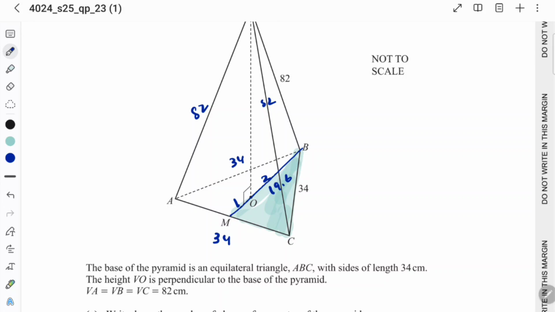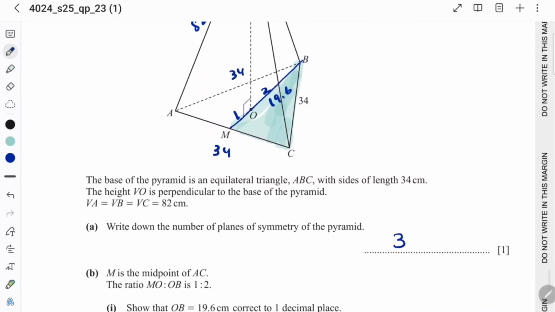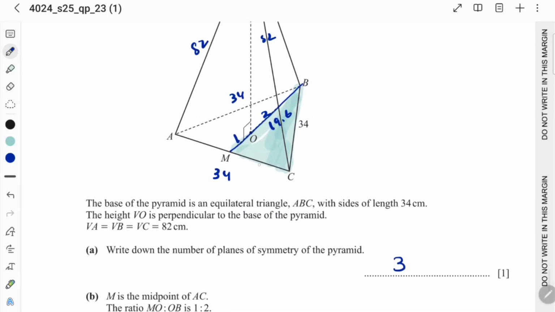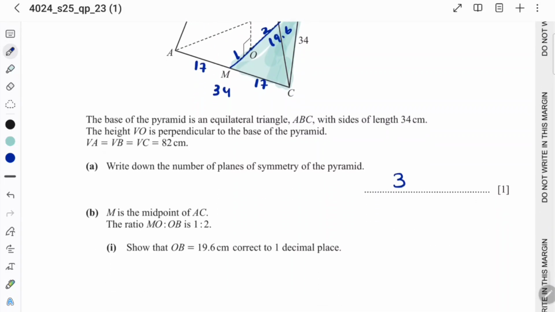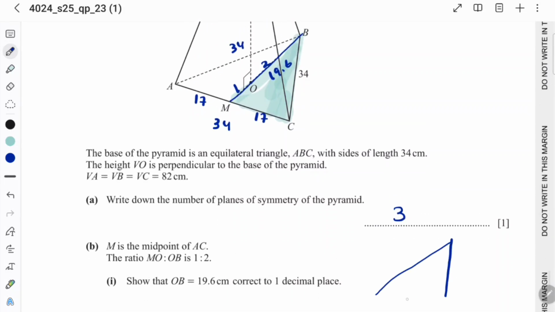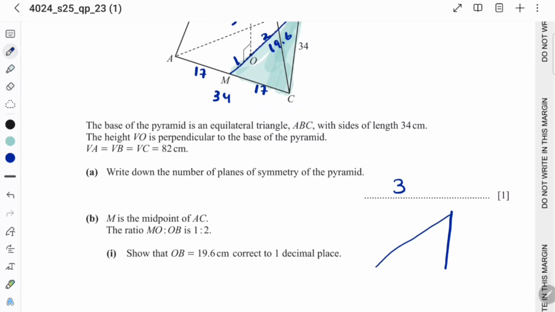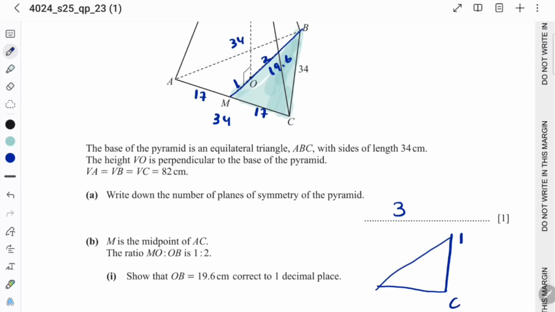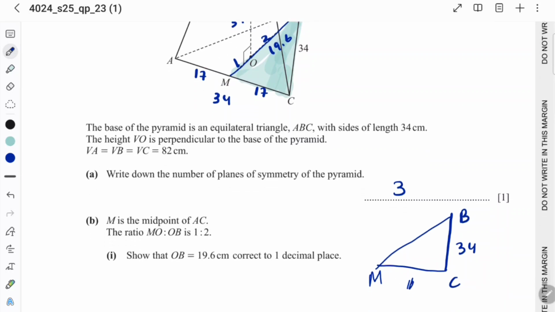So we'll have M to B, where this is 34 and this is 17 and 17. I'm just drawing the diagram here. So this is C and B and M, and this is 34, and this much will be equal to 17.